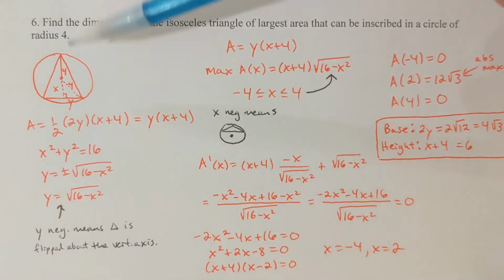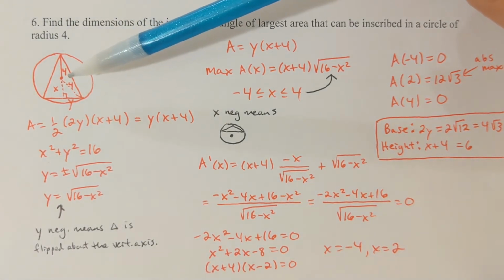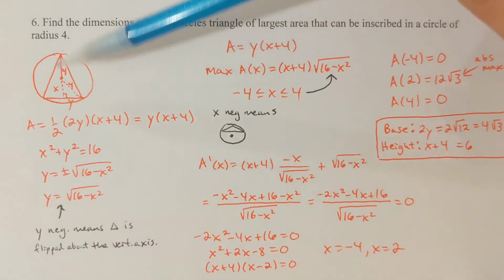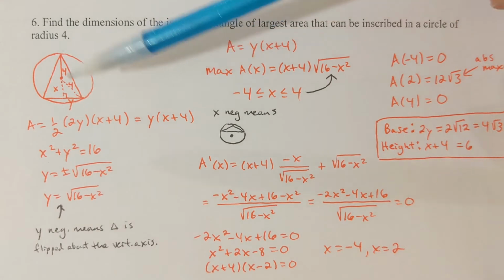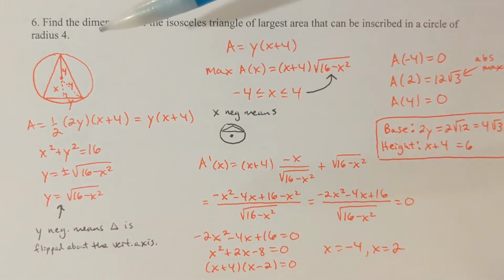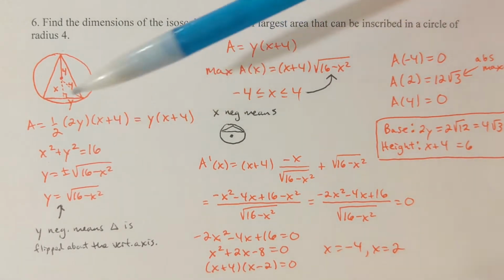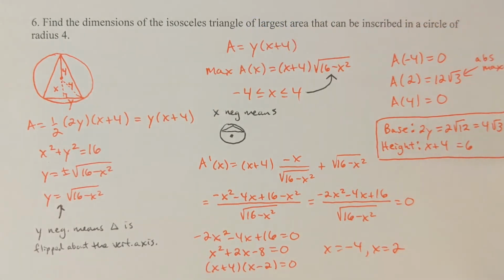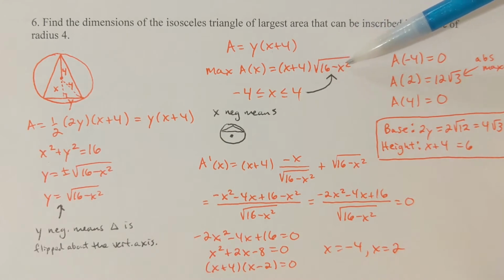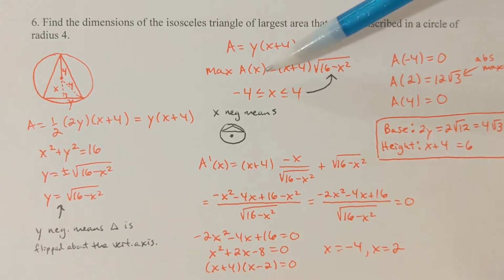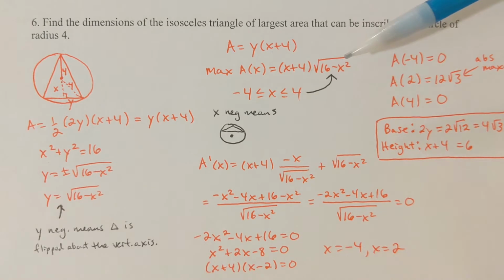Okay, now y negative means that the triangle would be just flipped about the vertical axis. So because you'd be drawing the same triangle flipped about the vertical axis, it's enough to just disregard the plus or minus there that comes up. Okay, and so the area then, y times x plus 4, would be the square root of 16 minus x squared times x plus 4. That way this function is all in terms of x.